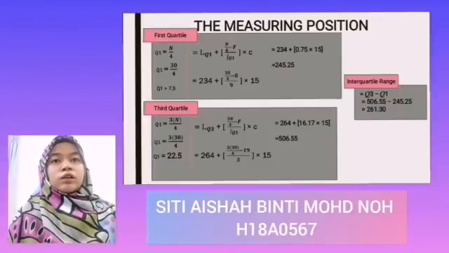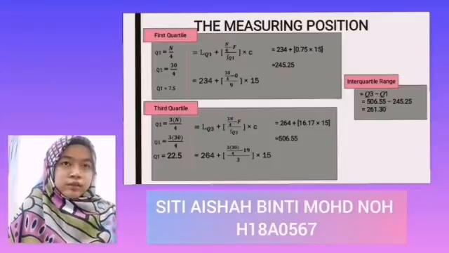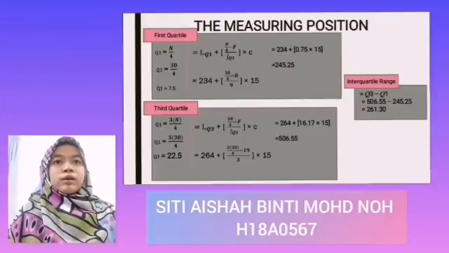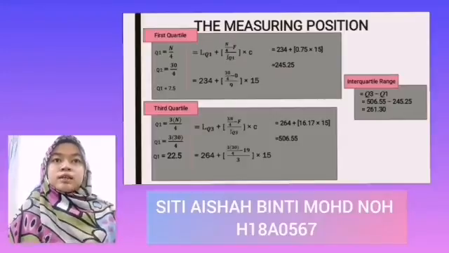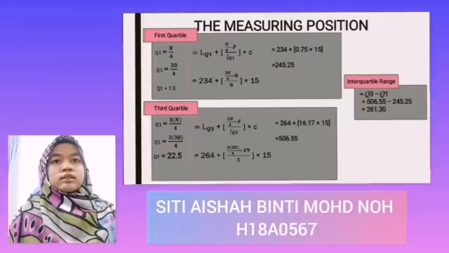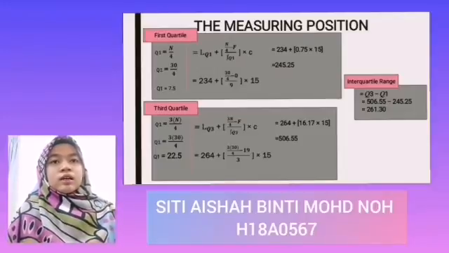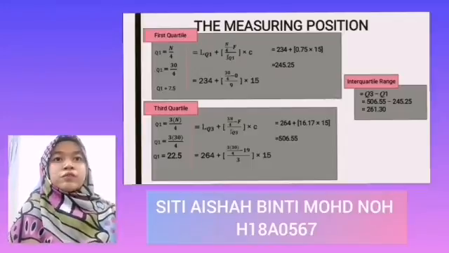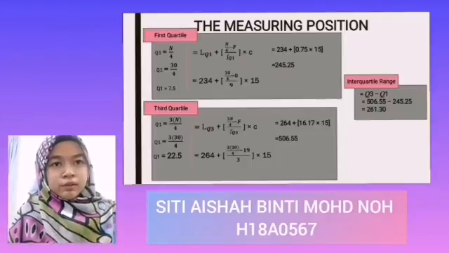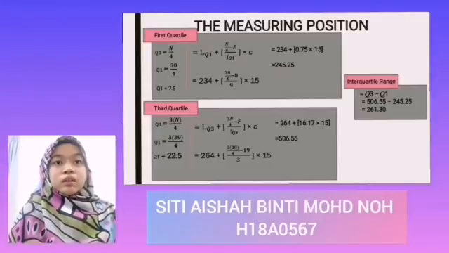The formula to get the third quartile is LQ3 plus brackets 3n divided by 4 minus f divided by FQ3, multiplied by c. The calculation is 264 plus brackets 3 times 30 divided by 4 minus 90, divided by 3, multiplied by 15. We calculate the bracket first, and the answer in the bracket is 16.17, multiplied by 15.